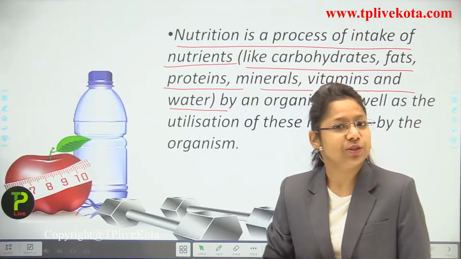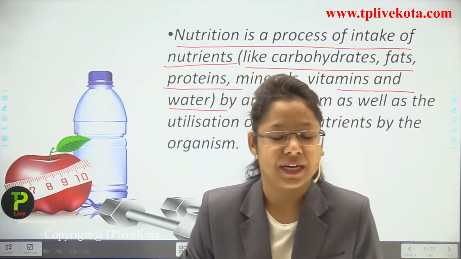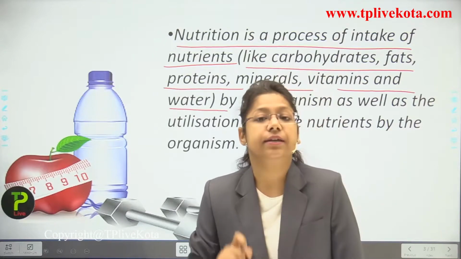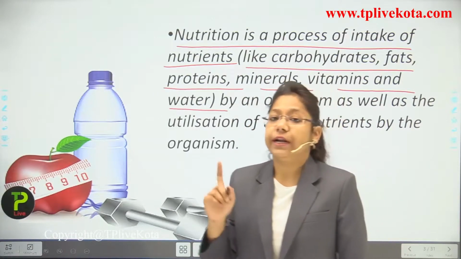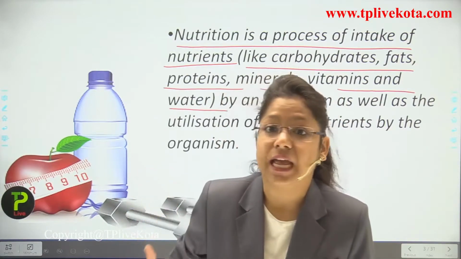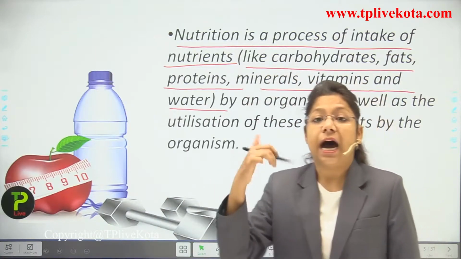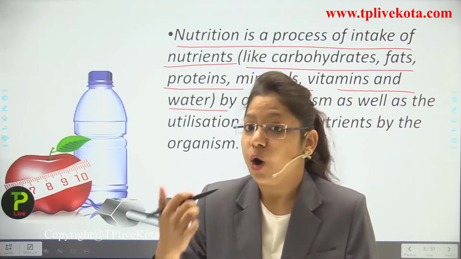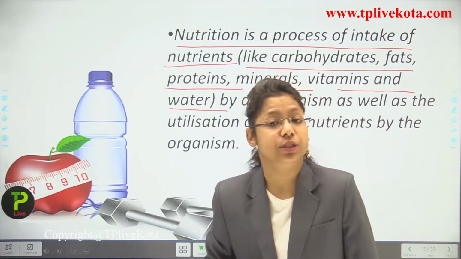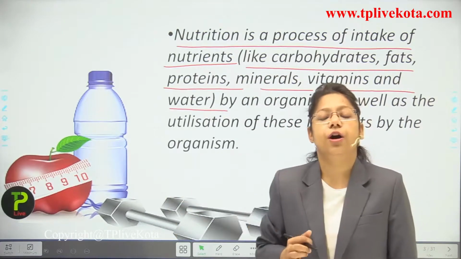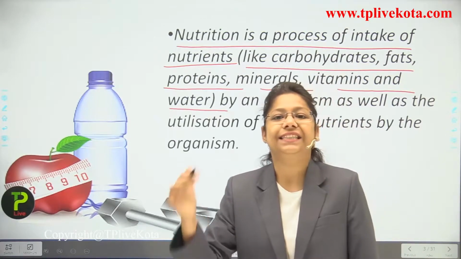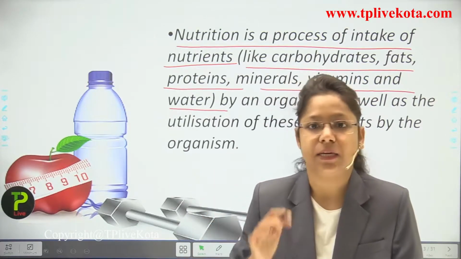Do you think so, students? Water is also a nutrient. Actually, water is the source for each and every kind of cell functioning because it contains H2O, and our body requires the oxygen as well as hydrogen that comes from water. So it is counted in the nutrient part.